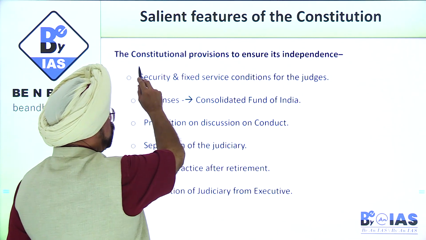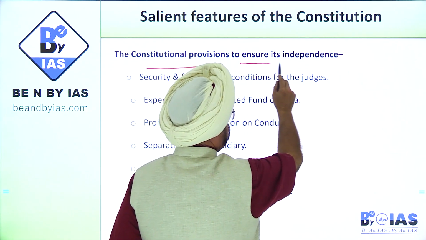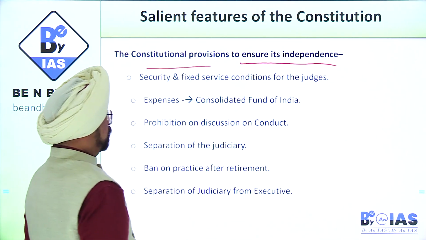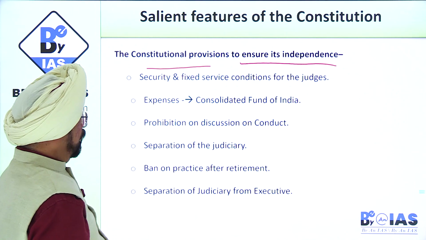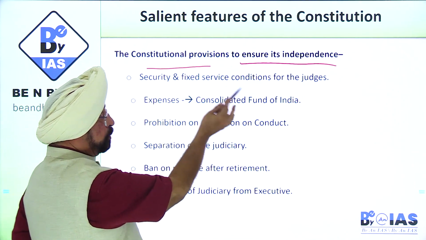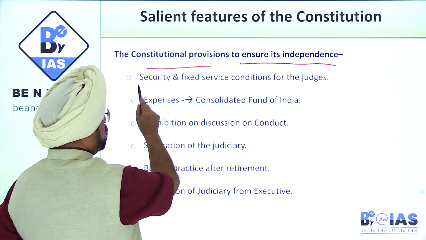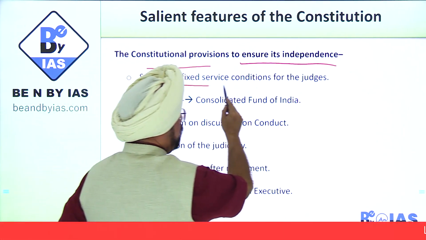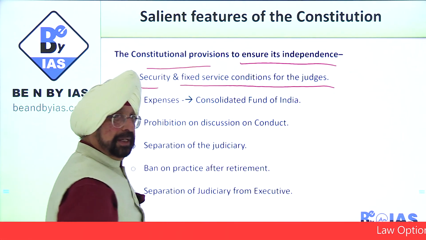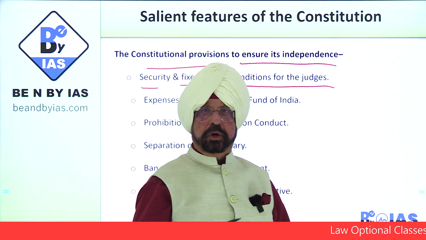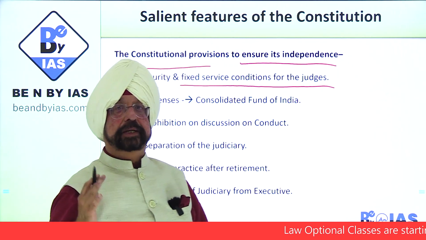Now, the constitutional provisions are to ensure its independence. How? The independence of the judiciary. Security and fixed service conditions of the judges. That means the judges cannot be removed so easily.